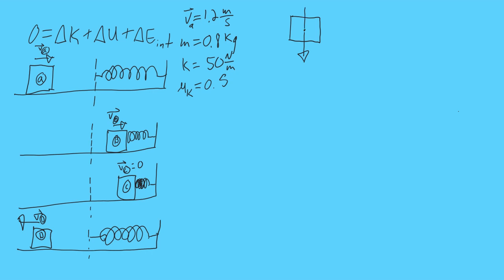So let's draw all of those forces at that time. Here we've got N, we have mg. These two things are equal. And then we are going to have a force of the spring back this way. And then if it was moving, we would also have a force of kinetic friction.